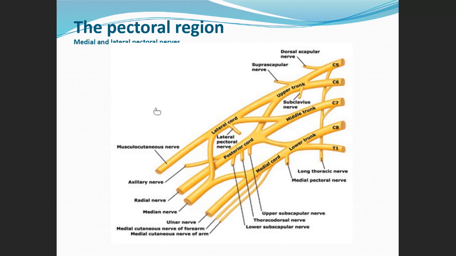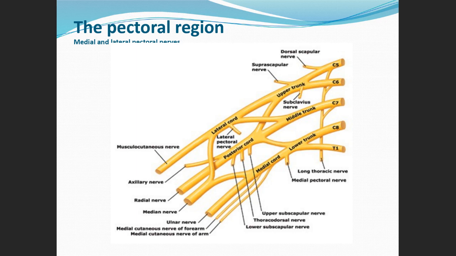We're not going to go over this image that keeps on haunting us all the time, but I have it up there for the lateral and medial pectoral nerves because they are going to show up again in the next slide, since we are talking about the pectoral muscles. These are the origins again of your lateral pectoral nerve from the lateral cord, and medial pectoral nerve from the medial cord.